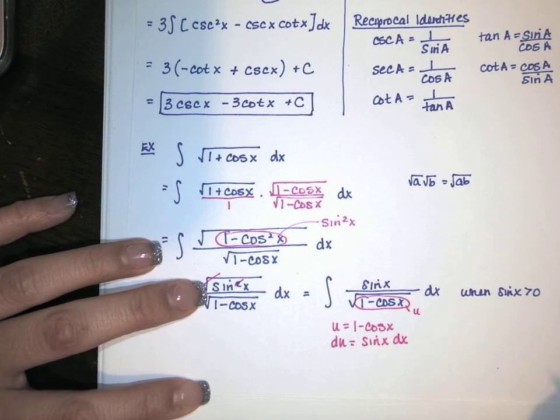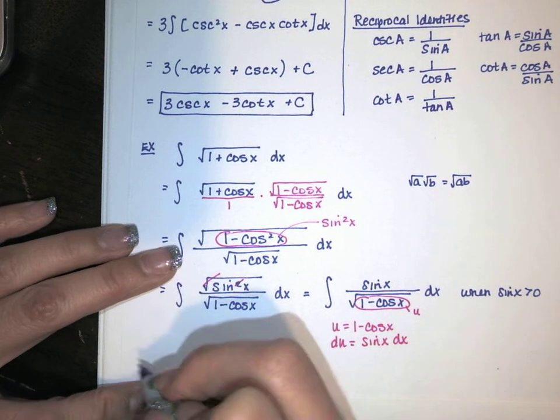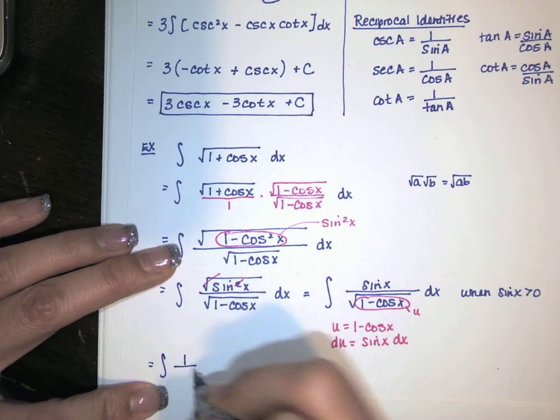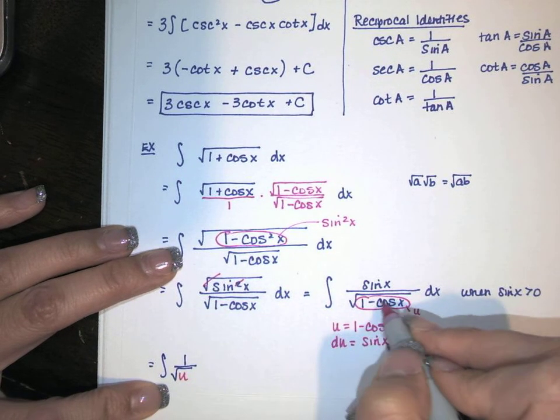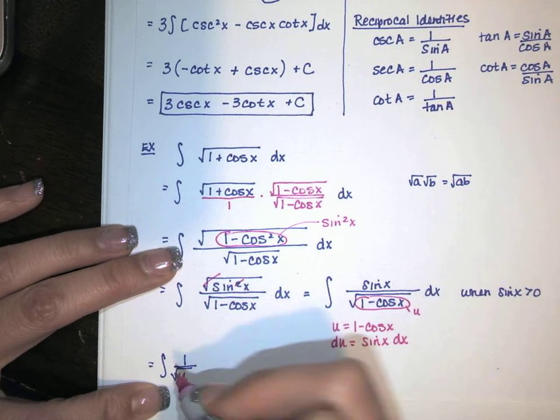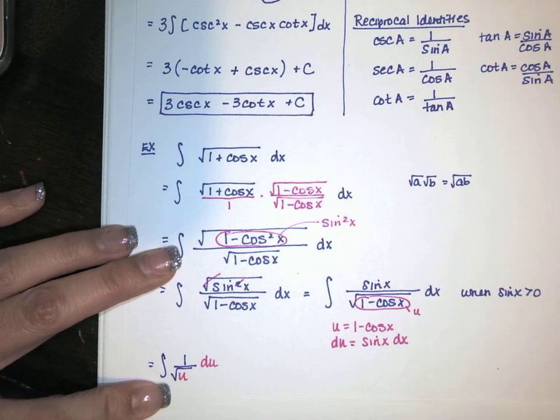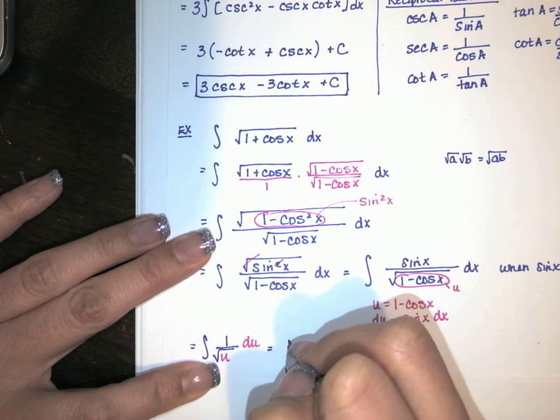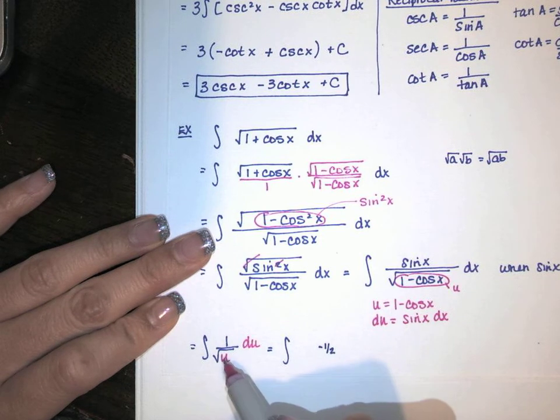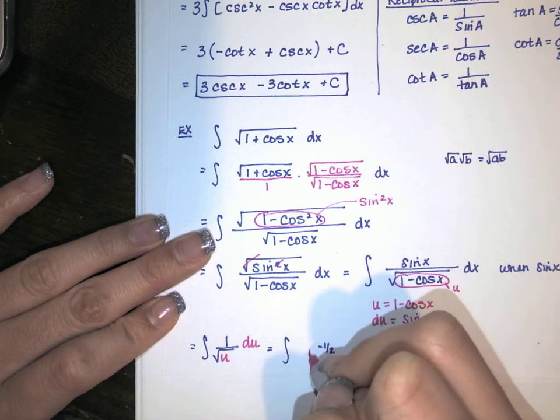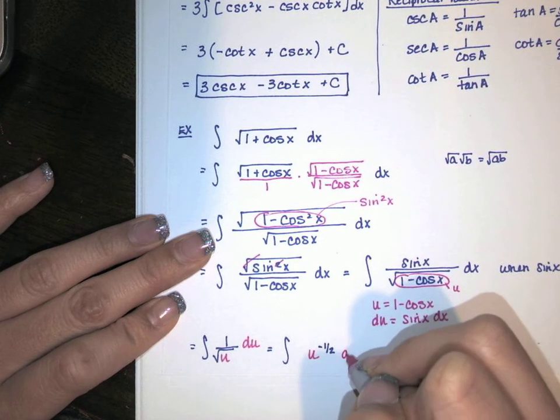Don't forget your dx. So this becomes 1 over the square root of u, and the sine of x dx is du. So I want to rewrite it. Square root in the denominator becomes a negative 1/2 in the exponent.